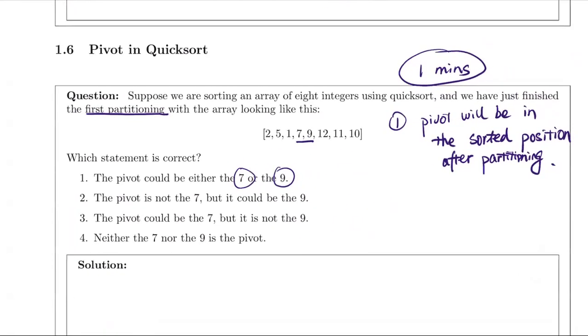So in something like this, we would first write it out, like 1, 2, 5, 7, 9, 10, 11, and 12, and check whichever number is in its sorted position, and that's a good pivot. Yes, this array is under the premise that we have already finished the first partitioning.